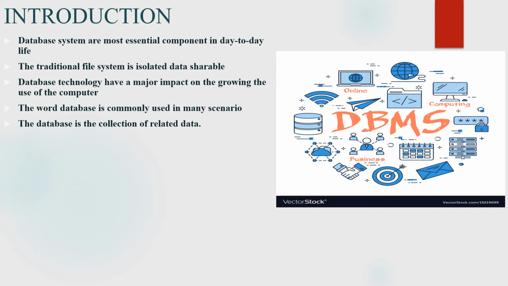So a database we call a collection of related data. A database is designed, built and populated with data for specific purposes. Whenever we speak of a database, it is used for different kinds of purposes. It's not only for a single purpose or single entity. It can be used for multiple applications or multiple entities in a system.